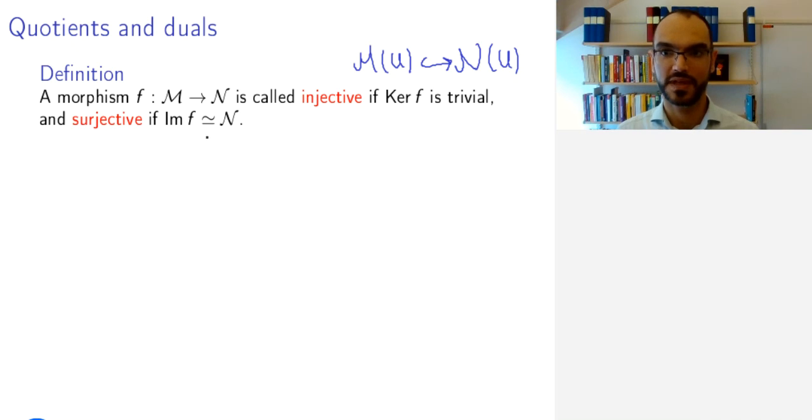Since we have sheafified, there is something mysterious going on between the image and N. So one cannot straight away write down surjectivity in terms of open sets.